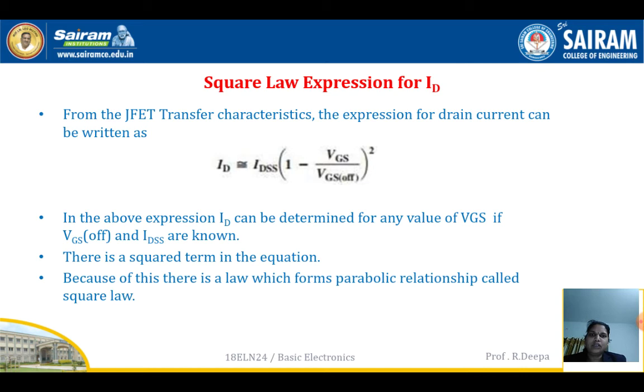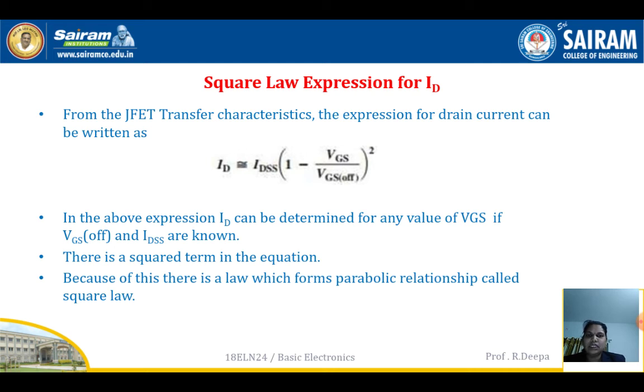Next, coming to the square law expression for the drain current. We have an expression for the drain current ID, which is approximately equal to the maximum drain current IDSS multiplied by (1 minus VGS divided by VGS off) the whole squared. In the expression, ID can be determined for any value of VGS provided VGS off and IDSS are known for a particular JFET.